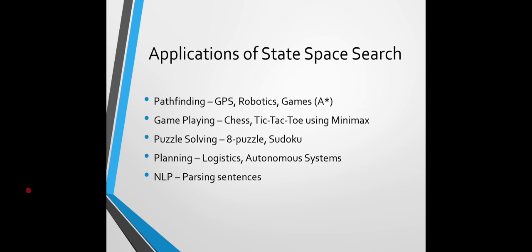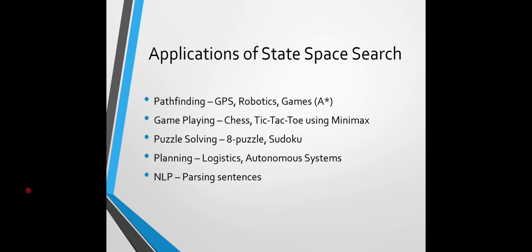Now let's look at the applications of state space search. State space search is the backbone of many practical AI applications. Pathfinding is the most common, where algorithms like A star power GPS and robot navigation. In game playing, especially in adversarial environments like chess, we use techniques like minimax search to explore the game tree and determine the best move, assuming the opponent plays optimally.